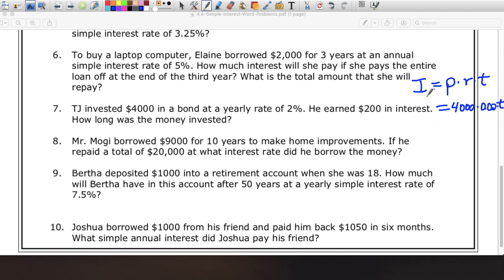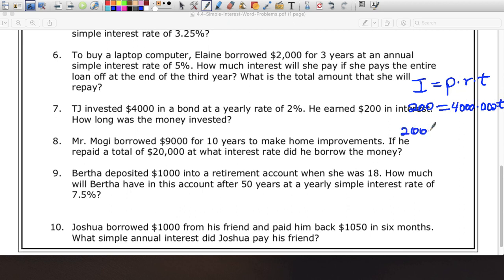Time, I don't know. And how much money did you make? Well, you put $4,000 at 2% interest and you would have earned $200, but we don't know how long you left the money in there, so that's what we need to find.